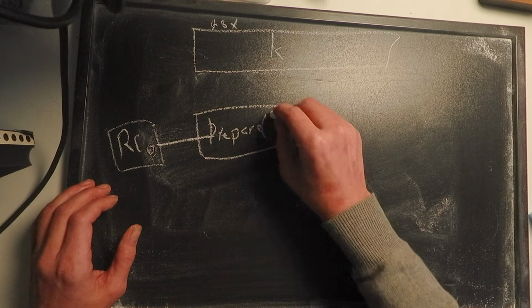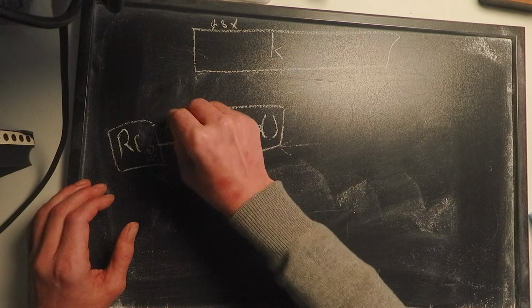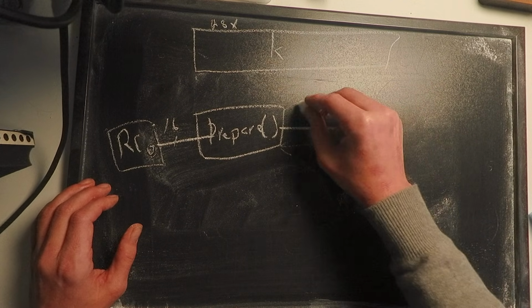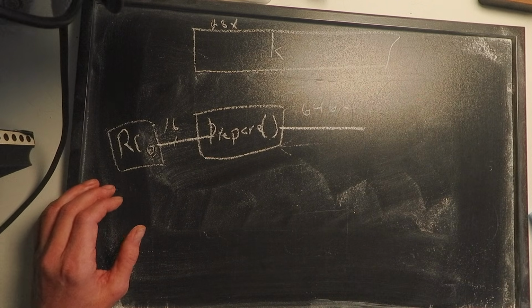So this is a function which takes the round constant of 16 bits and it provides a 64-bit output.